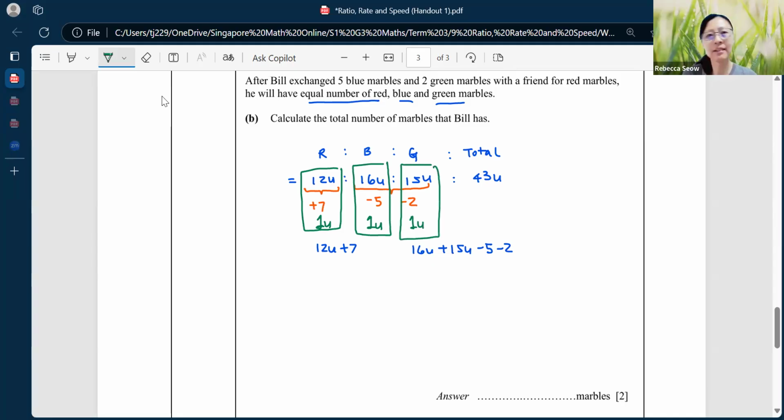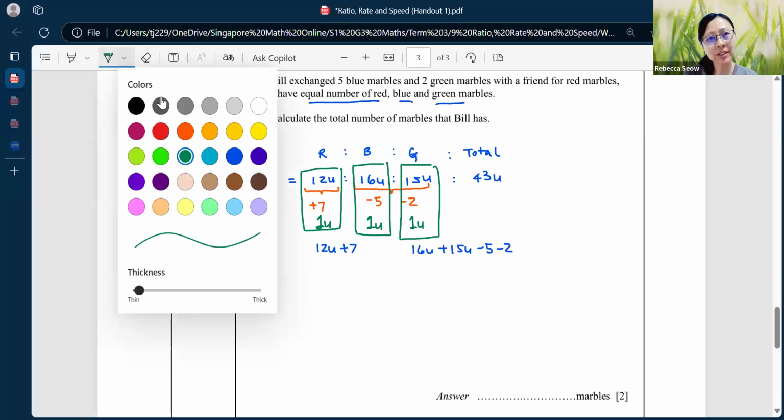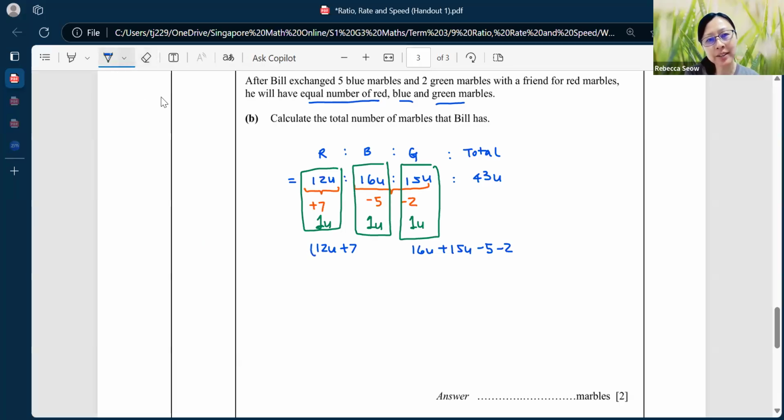Now, when I bring blue and green marbles together, you can see that this now makes up 2 units. And for red, it is just 1. So what can I do to even it out? To even it out, I will need to multiply the red marbles by 2 so that it will become equal to blue marbles plus green marbles.